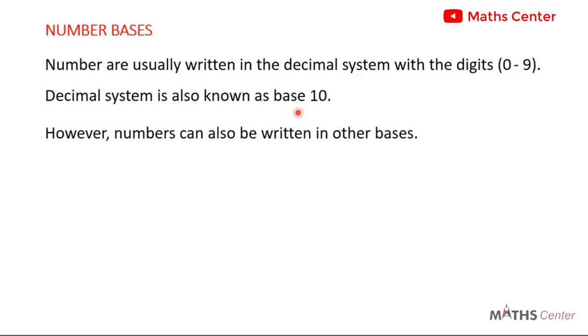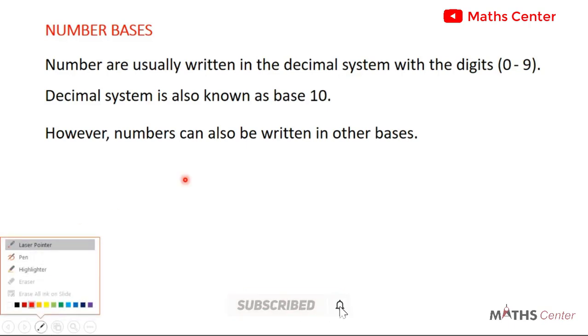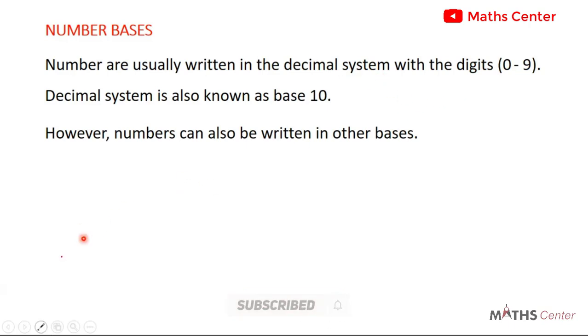Now what you have to know is that there are other bases too. We can write these numbers in other bases. So for example, let's pick a random number. Let's say we pick the number 37.